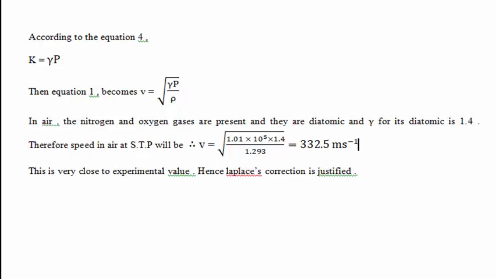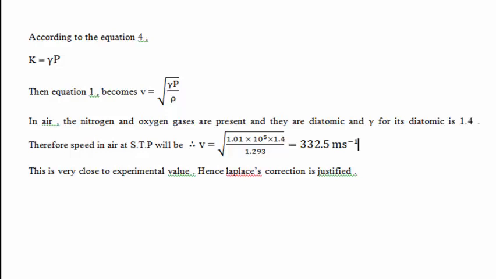In air, the nitrogen and oxygen gases are present, and these two gases are diatomic, and for diatomic gases the gamma value is 1.4. You can derive this value in the chapter on kinetic theory of gases, but here you just have to remember that the value of gamma for diatomic gases is 1.4.